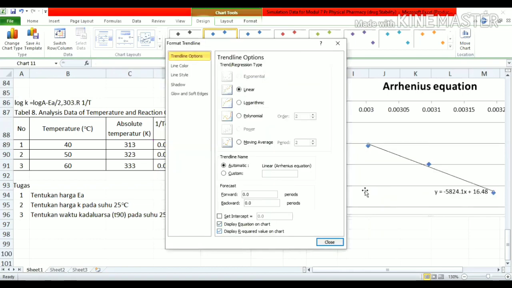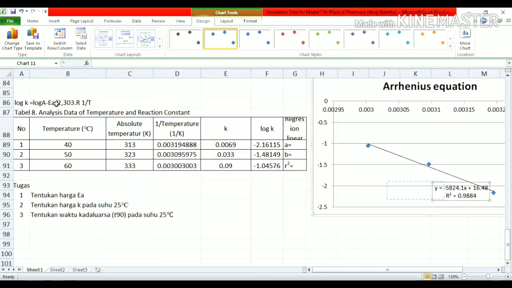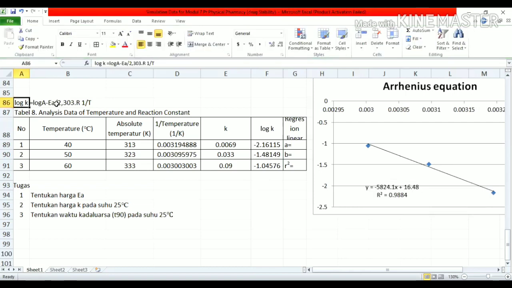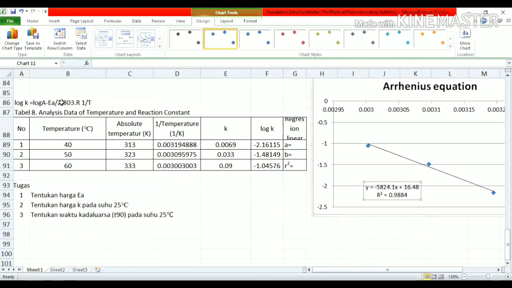So from this equation you can calculate the value of the K at 25 degrees Celsius. So just put the X number as 1 per 25 degrees Celsius, but it should be in Kelvin.